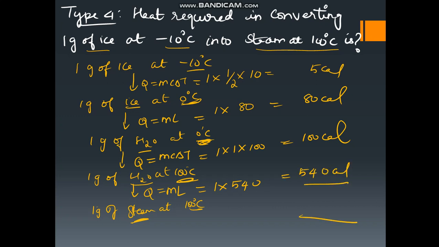The total is the sum of these, that is 540 plus 100, 640, plus 80, 720, plus 5, 725 calorie. Suppose you want to convert into joule, you can simply multiply by 4.2, since 1 calorie is equal to 4.2 joule.